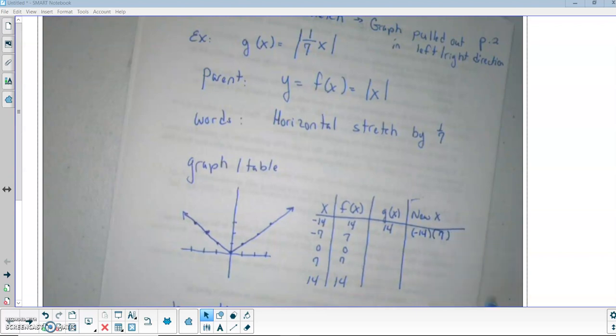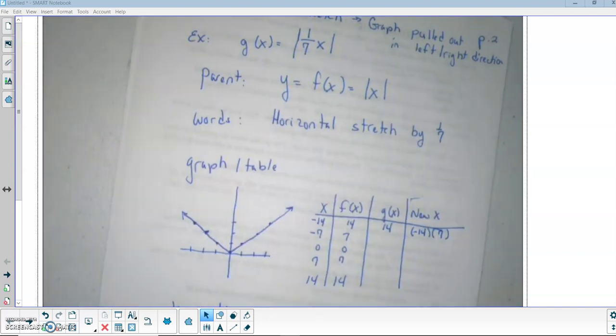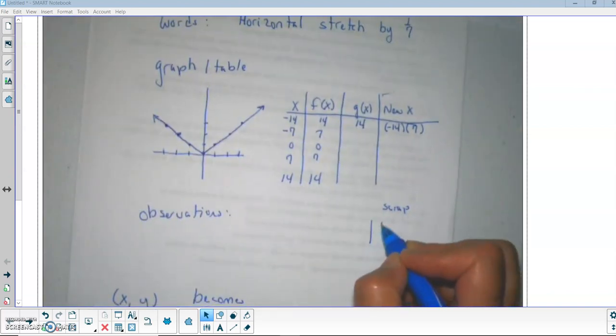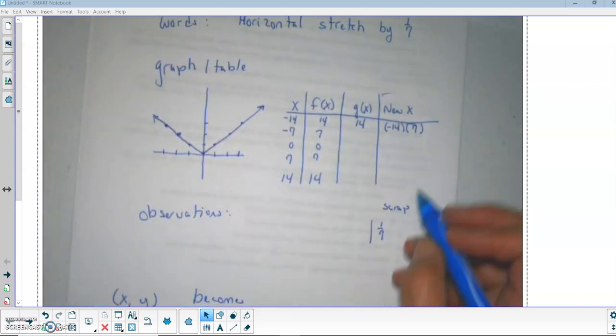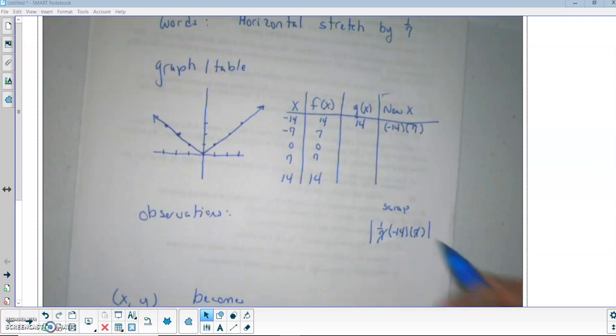If you put this into this function, we'll do scrap work right here. I'll show you what that looks like. I've got 1/7, and if I put -14 times 7 in as my input, and then the absolute value, well, this 7 and this 7 divide out. So you end up with the absolute value of -14, so you still get 14.